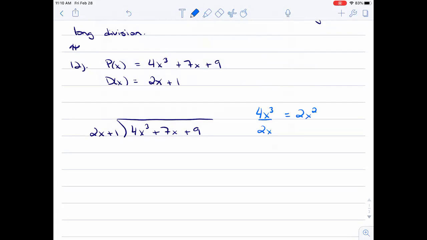Whether you just cancel the powers here, x to the power of 3 and x to the power of 1, 3 minus 1, or if you actually bring up that x, it doesn't really matter. At this point, I'm assuming that you're comfortable canceling to get to this point. So we get 2x squared up top. And so here, 2x squared.